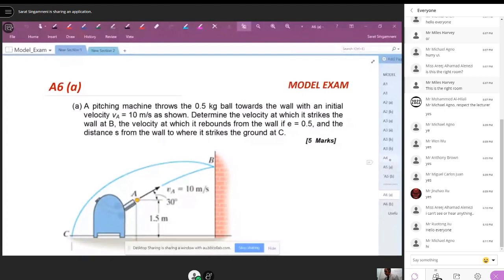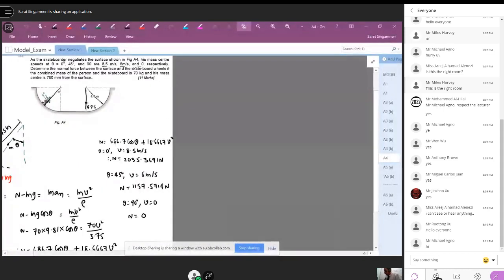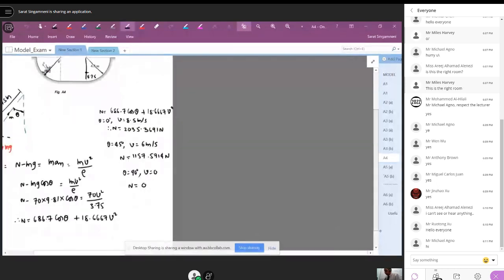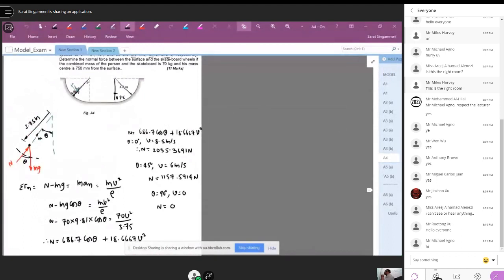I solved these problems in the class. I will only explain if you have any questions. For example, this one. Okay. Do you have any questions in this problem?